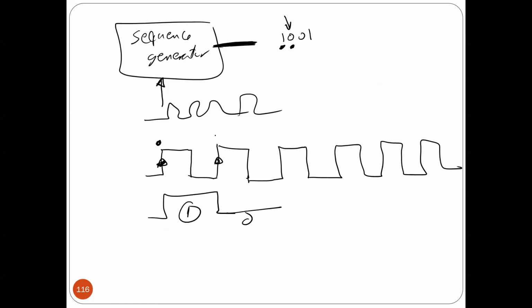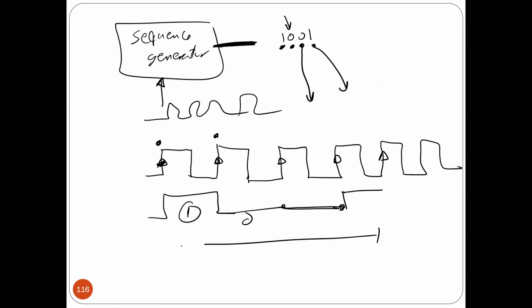In the next clock, you will get this bit here, then another 0 here, and then after that you will get this one here. Then this sequence is repeated. So you can see the sequence is 1, 0, 0, 1, and every bit lasts for one cycle.